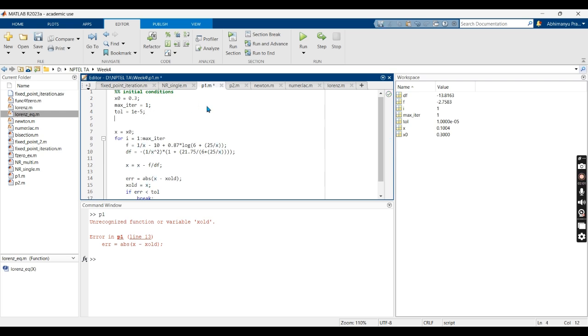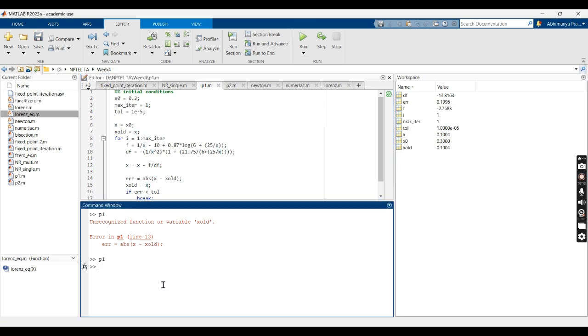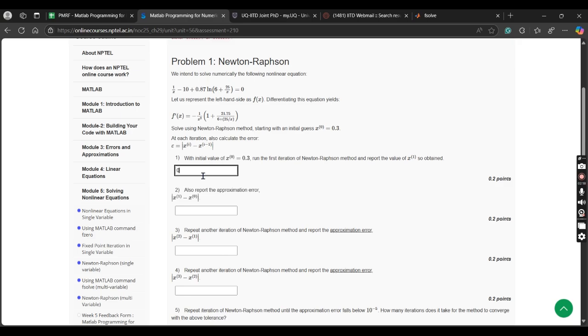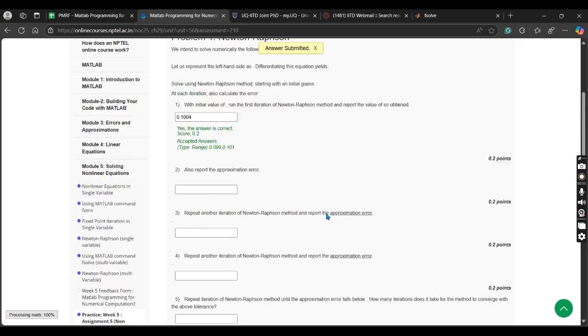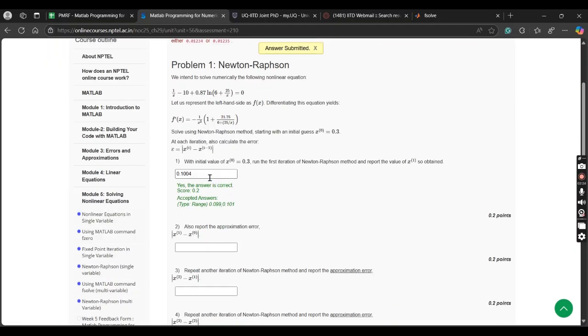I need to create x old. Okay, and so I get my x after one iteration as 0.1004. If I just check this one, so I will just check that part. Yeah, so this is correct.